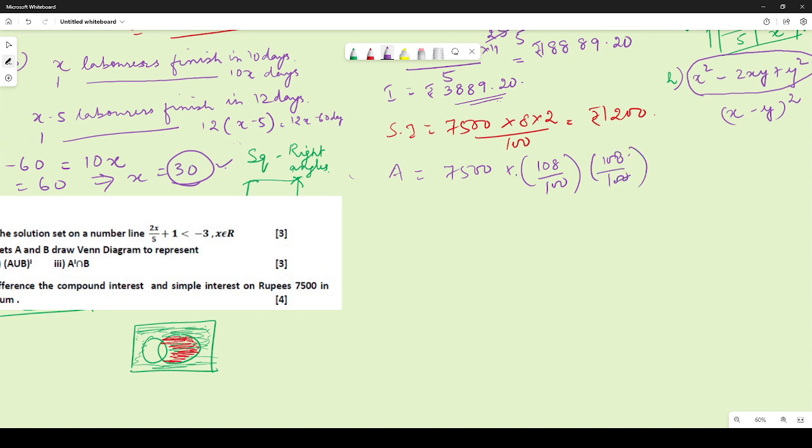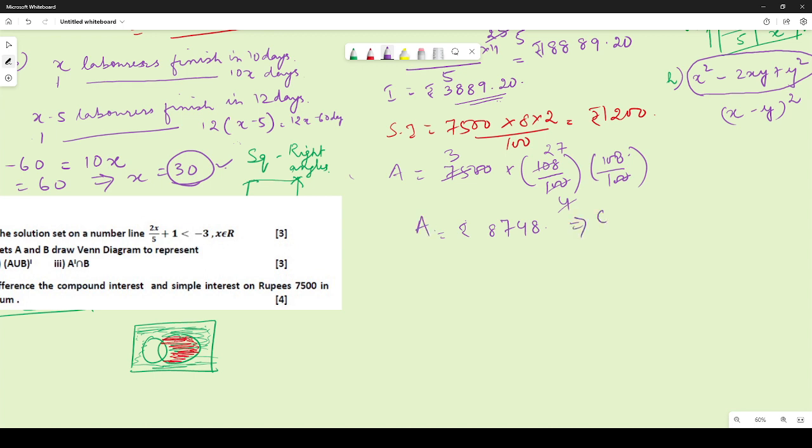So you take up these two zeros. 25 threes 75, 25 fours 100. Now 4, 27 we know. So 3 into 27 into 108, when you do, then what do you get over here? You get rupees 8748. This is the amount, remember, right?